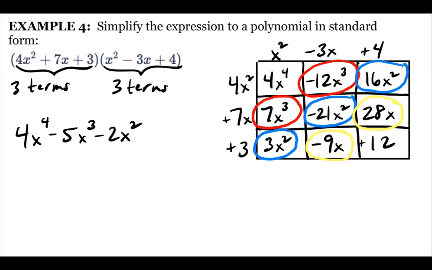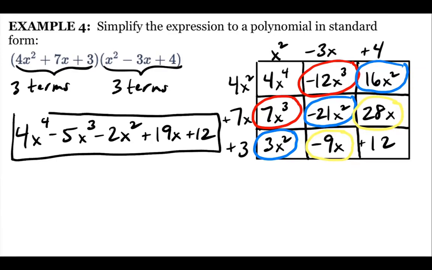And then the yellows, positive 19. And then the last one is just a lone wolf, 12. Okay. Not too bad.